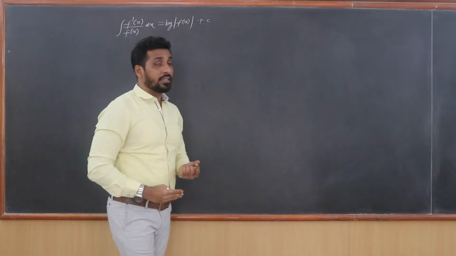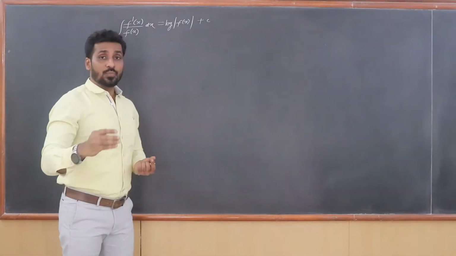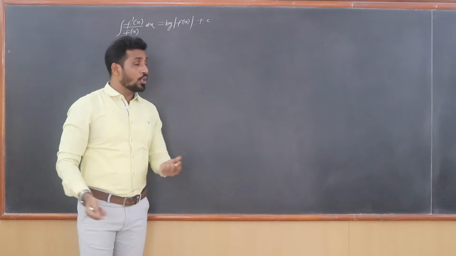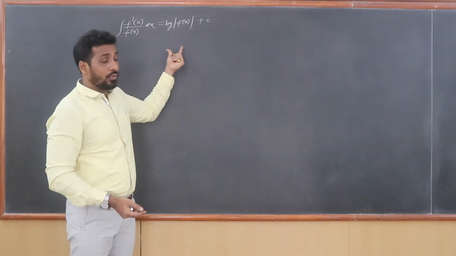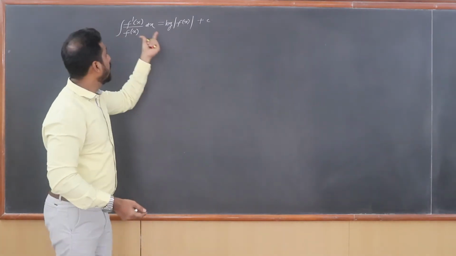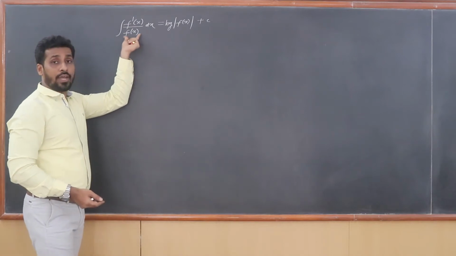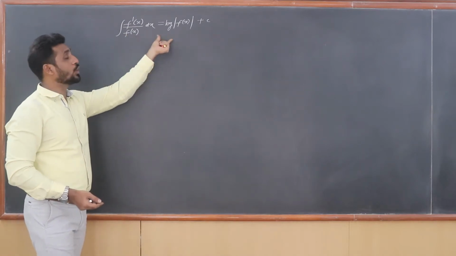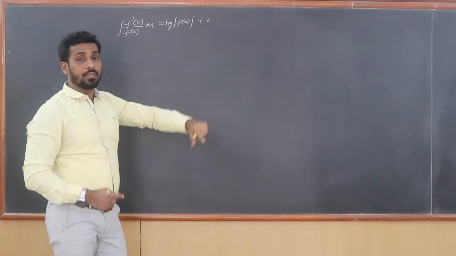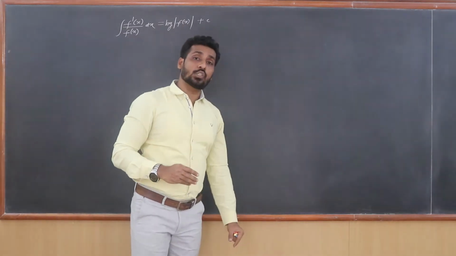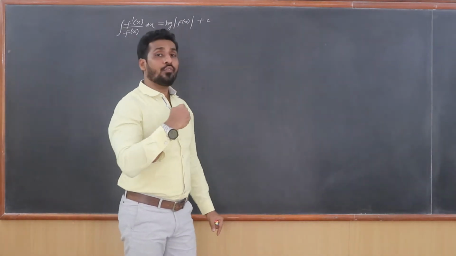We have already seen this corollary. Make sure that you watch my previous videos on the corollaries of integration. So we now remember that integration of f1 of x upon f of x dx is log of f of x plus c. Let's quickly get the integration of tan x and integration of cot x.